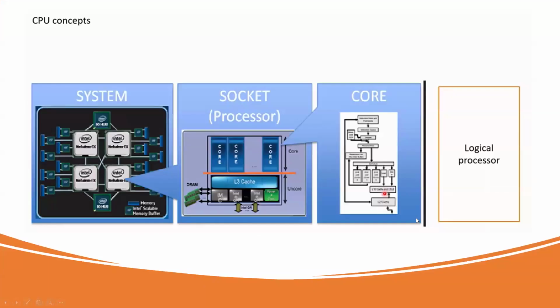Okay, everyone able to see? So this is your system. The motherboard is here, and you place the processor in the socket. That processor contains the logical processors. On the socket, you place the physical processor, and on the physical processor we have logical processors.